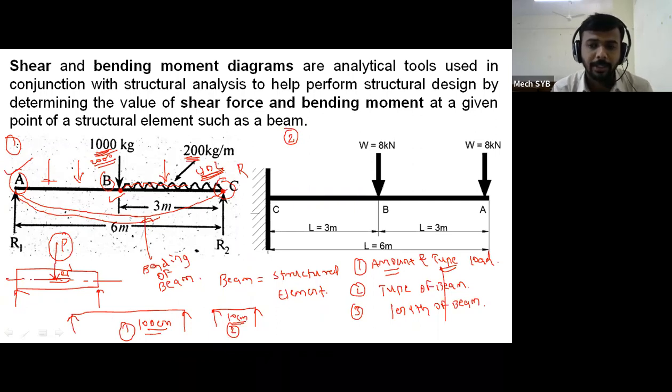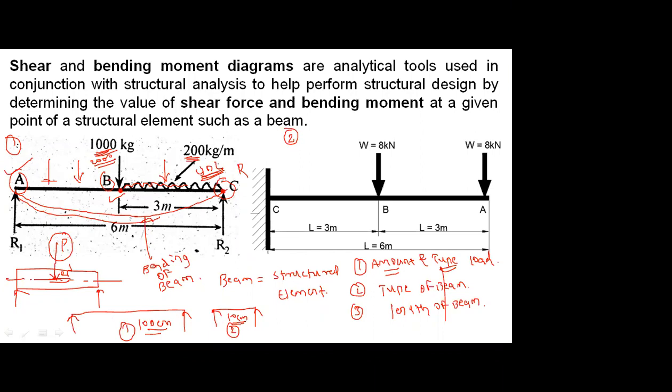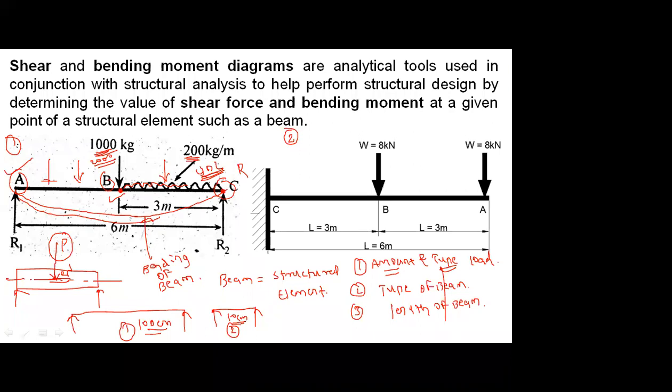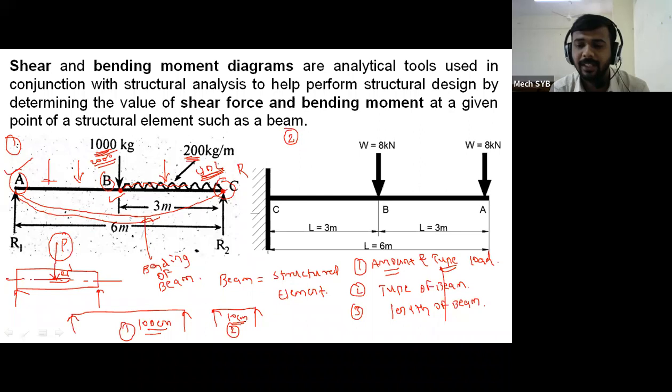So now, in which beam is the maximum bending taking place, whether in the 100 centimeter length or in the 10 centimeter length beam? In which beam is maximum bending there? You can send an answer in the chat box. In which beam maximum bending is taking place? 100 or 10?